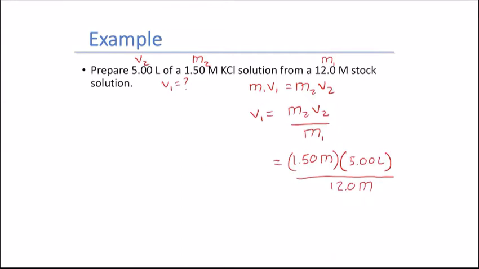And then when we do this calculation, we find that V1 equals 0.625 liters. So what this means is I would need 0.625 liters of my stock solution and dilute it up to 5 liters in order to prepare that 1.5 molar concentration.